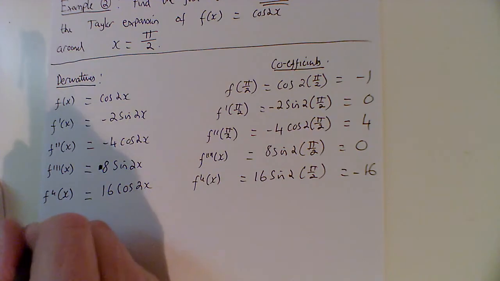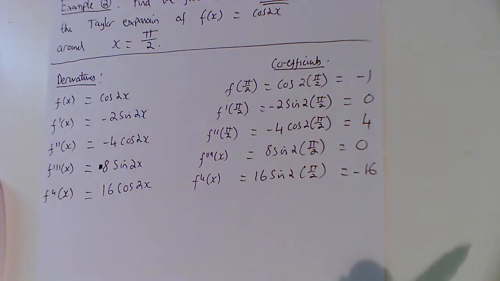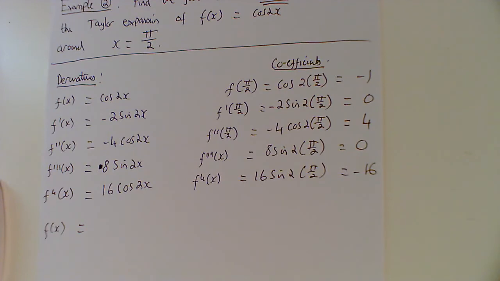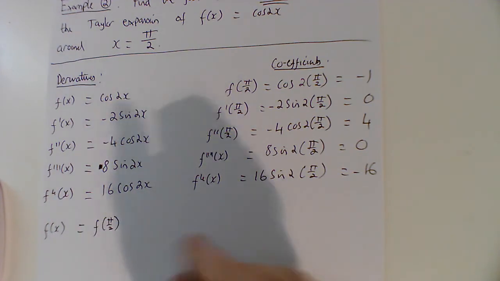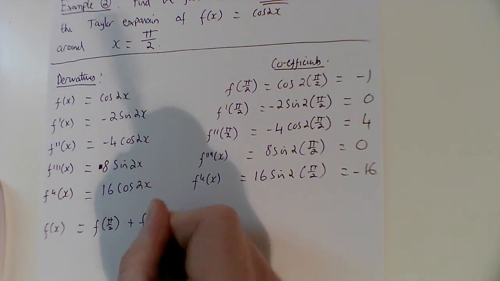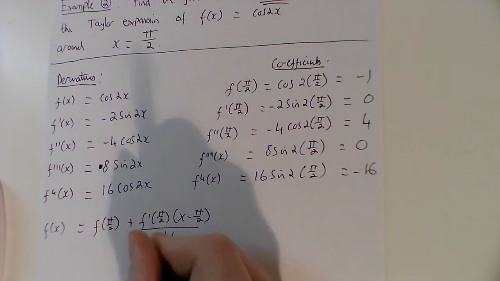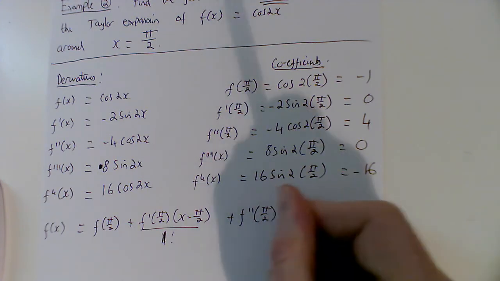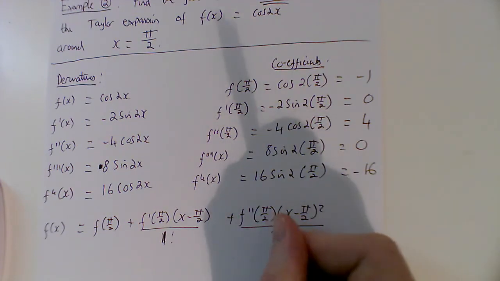Okay, so let's write down, so the whole point of the derivatives is to get these numbers here. So f of x is going to be, now remember my a is pi by 2. So it's going to be f pi by 2 plus f dashed pi by 2 times x take away pi by 2 over 1 factorial plus f double dashed pi by 2 times x take away pi by 2 squared over 2 factorial.